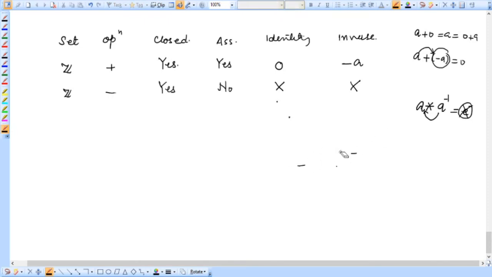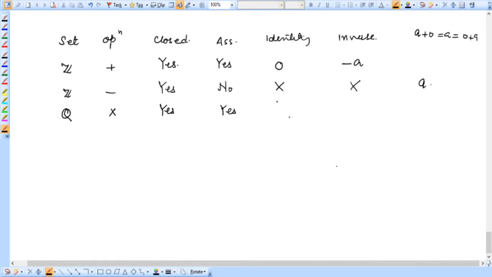Also we discussed the set of natural numbers under addition, and some more groups like rational numbers. We did rational numbers under multiplication. The multiplication of two rational numbers is again a rational number, therefore it is closed. Associative, yes, it is associative. And identity, here also you see a when multiplied by 1 gives back a, so 1 will be acting as identity.